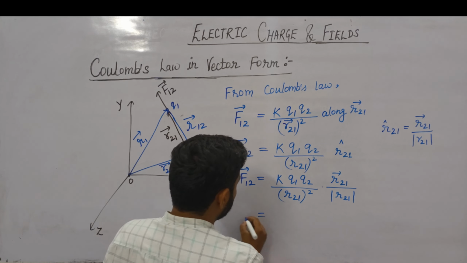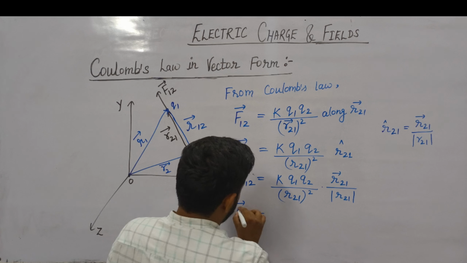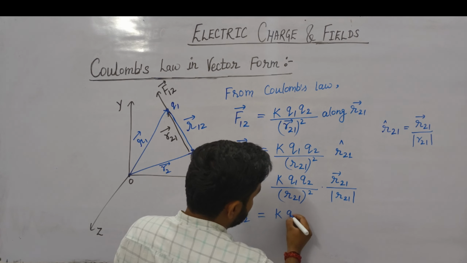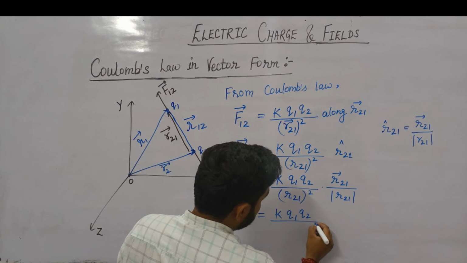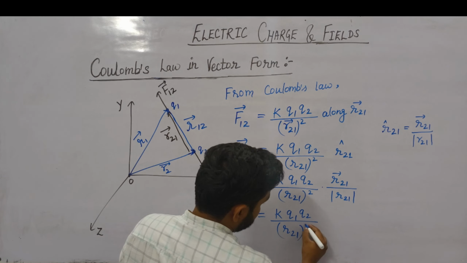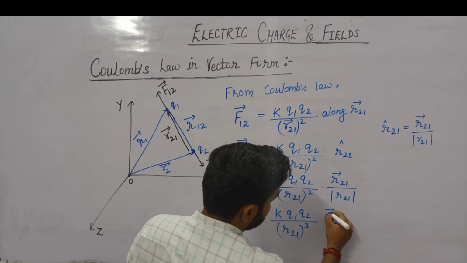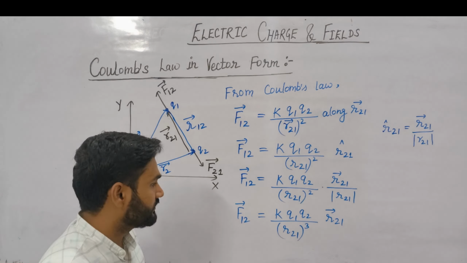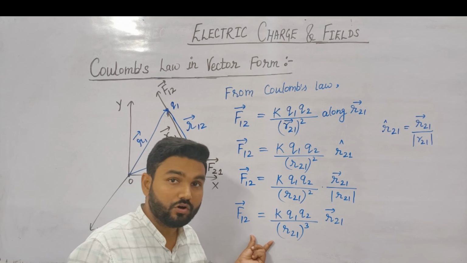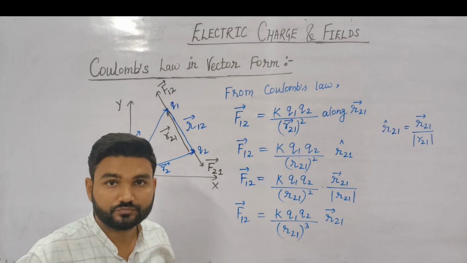That is why the whole vector is F equal to K Q1 Q2 divided by R21 cube, multiplied by R21 vector. This is the Coulomb's law in vector form for force F12.